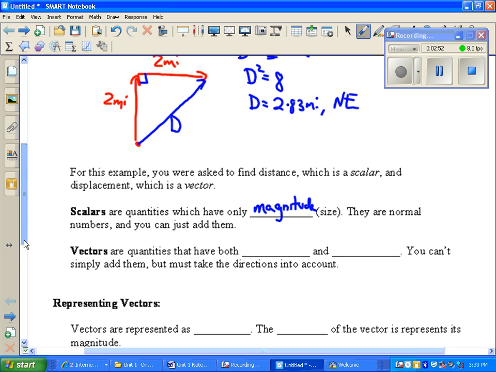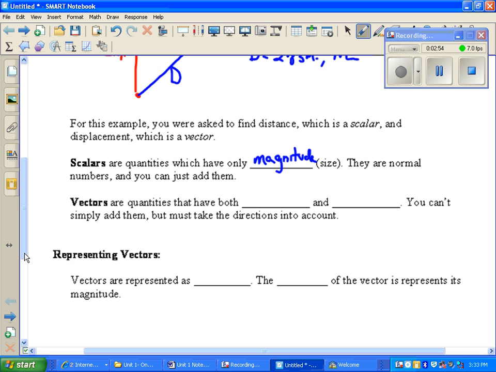But vectors are quantities that have both magnitude, so they still have a size, and they have a direction. Okay? You can't just add them, you have to take the directions into account. So 2 miles north plus 2 miles east does not make a displacement of 4 miles.